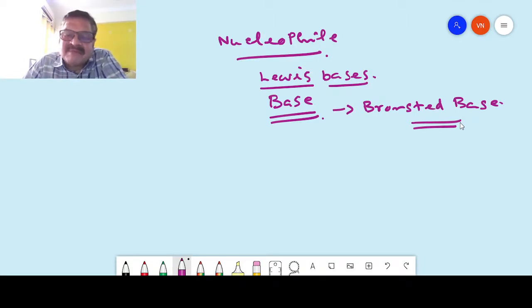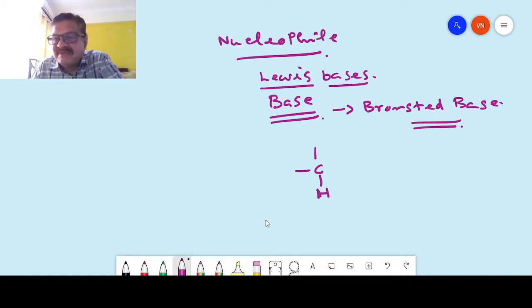The bases attack protons, whereas the nucleophiles attack other electrophilic centers, that means other electron deficient atoms, usually a carbon atom. This is the difference between a nucleophile and a base. Both are structurally similar, there is no difference there.